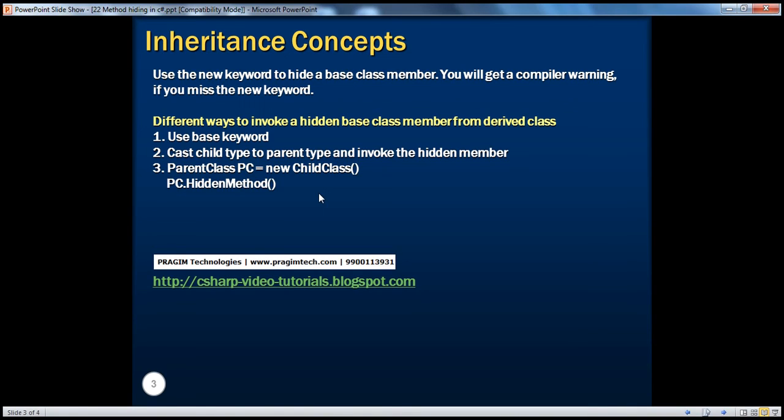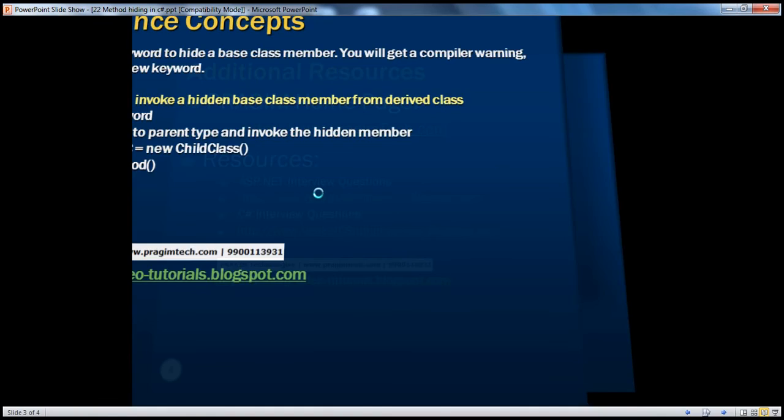We have also seen that there are different ways to invoke a hidden base class member from the derived class. One is to simply use the base keyword. The other is to cast the child type to your parent type and then invoke the hidden member. And the other way is making a parent class reference variable point to a derived class object and then saying parent class object dot that hidden member, which again calls the base class's hidden method.